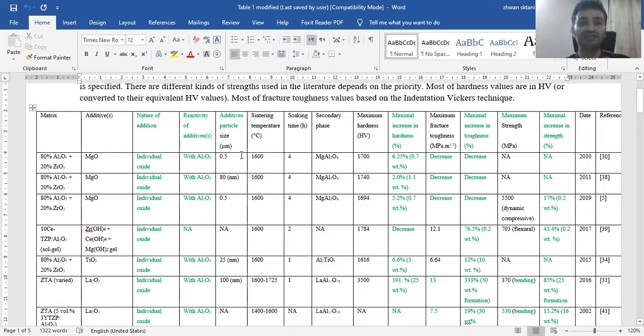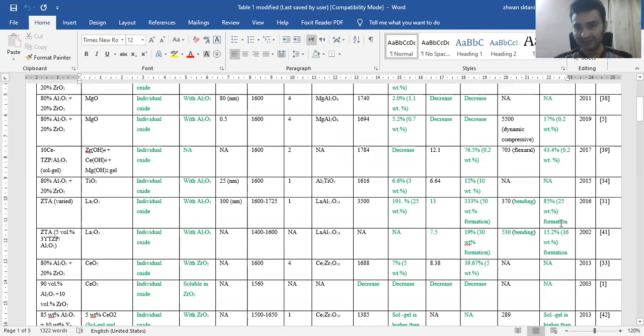The additive nature, size, sintering temperature, sintering time, which secondary phase was formed during the sintering process, mechanical properties, and finally, date and reference number.